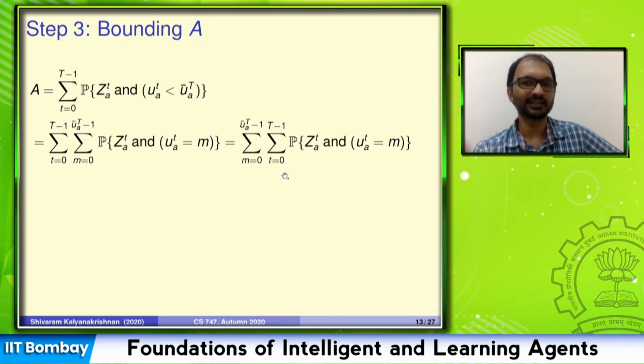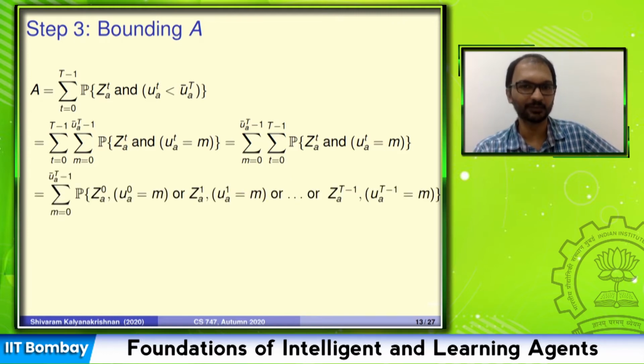Now there is an interesting angle to this, which is really where the heart of the proof lies. This sum over T of all these probabilities is a sum over time that ZTA happened and UTA was exactly equal to M. If UTA was M and ZTA happened, what does this mean?